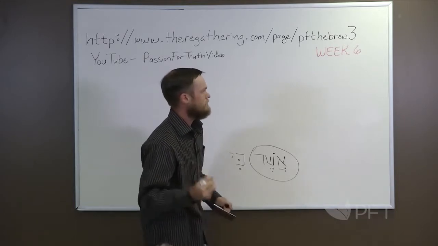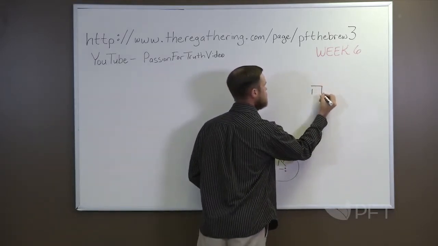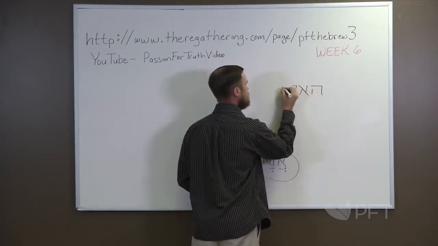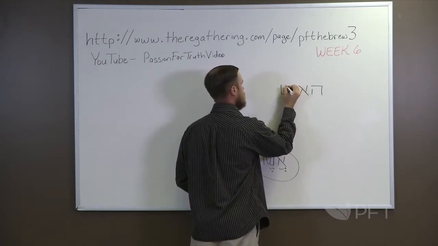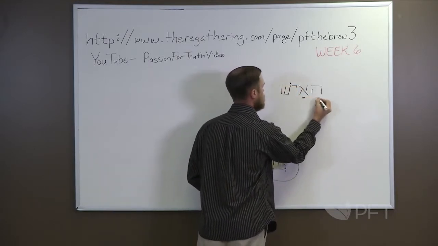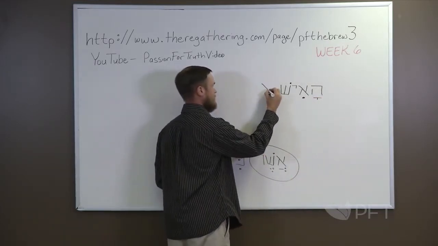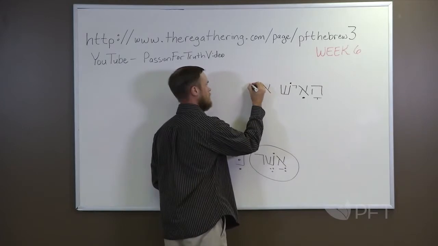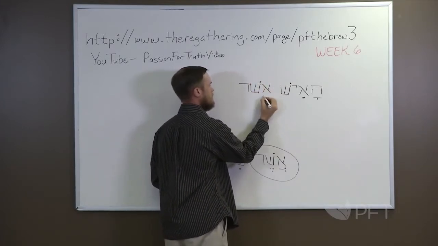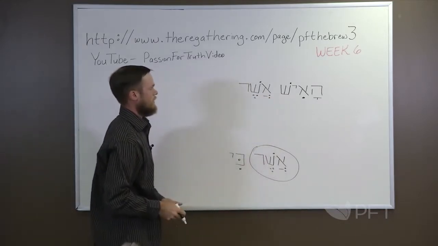If we speak of a man, or the man, ha'ish, we can use asher to introduce conditions, or a conditional clause, to that man. So, the man that, and then pick your condition.